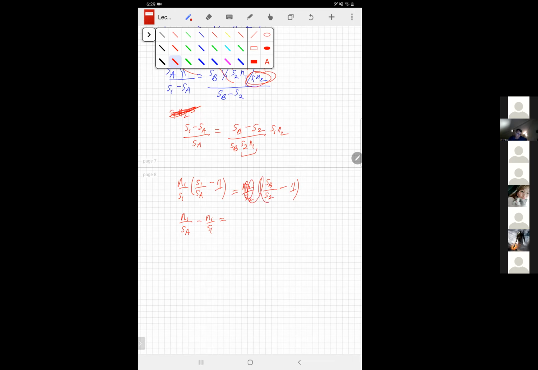Yeah, okay, let's go back and redo this side. I divided both sides by S1 and N2, so I just have to deal with all of this. So that should be, you're right, N2 over S2 minus, because the SBs there canceled, the S2s would cancel there, minus N2 over SB.